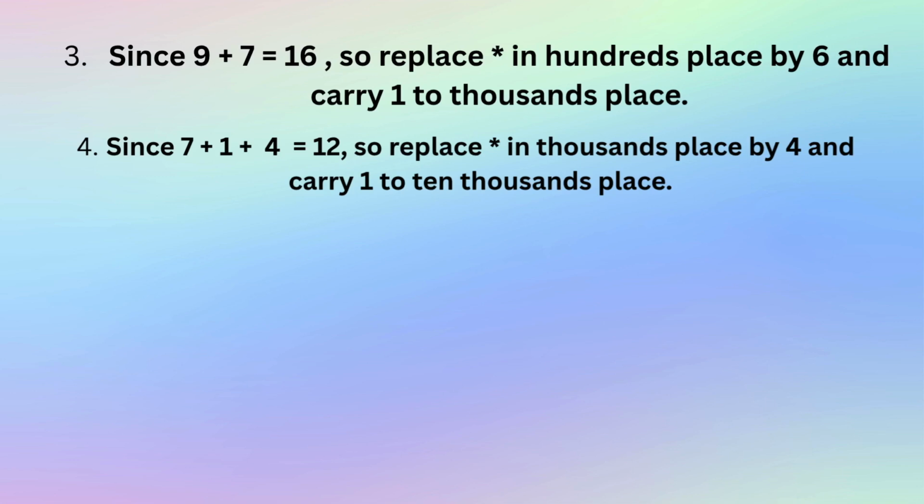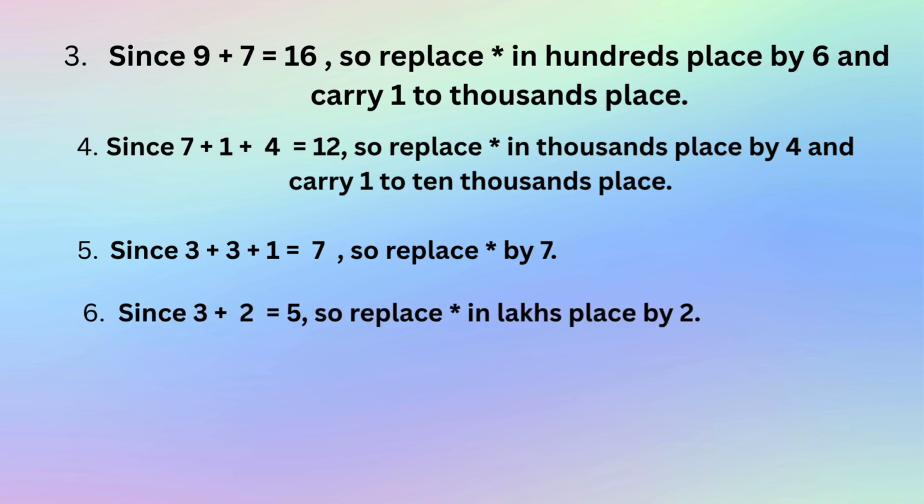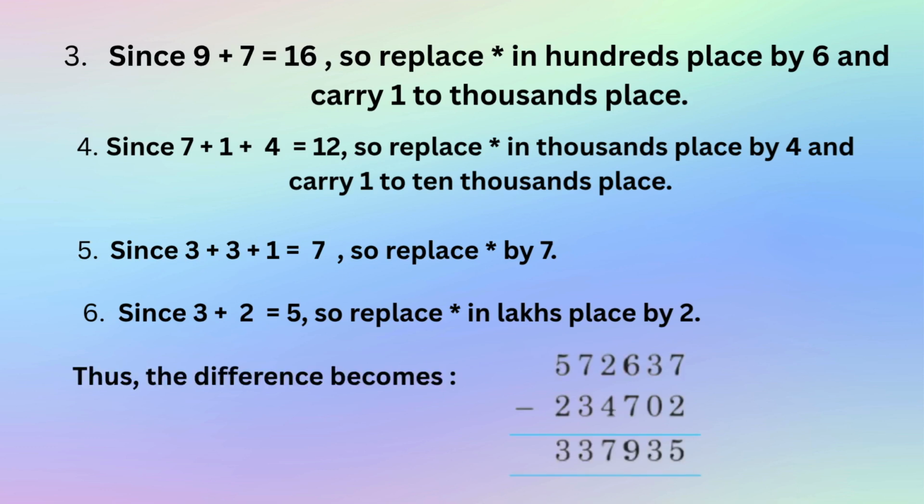Since 7 plus 1 plus 4 equals 12, so replace asterisk in thousands place by 4 and carry 1 to ten-thousands place. 5. Since 3 plus 3 plus 1 equals 7, so replace asterisk by 7. 6. Since 3 plus 2 equals 5, so replace asterisk in lakhs place by 2. Thus, the difference becomes.